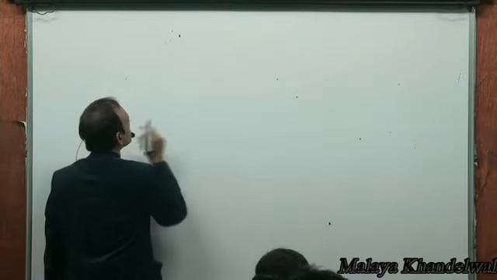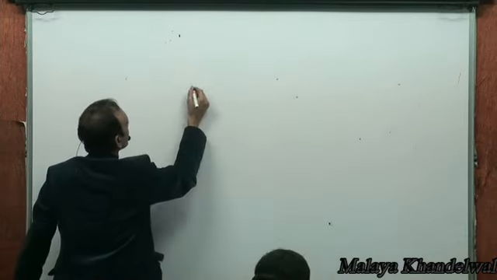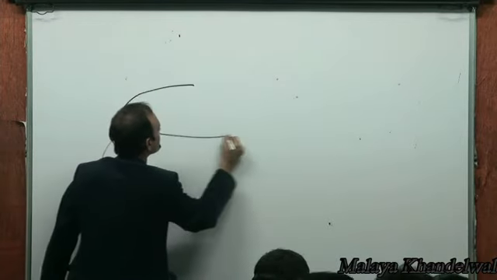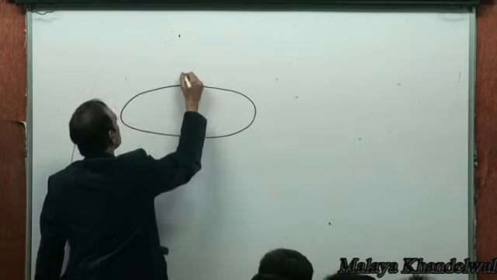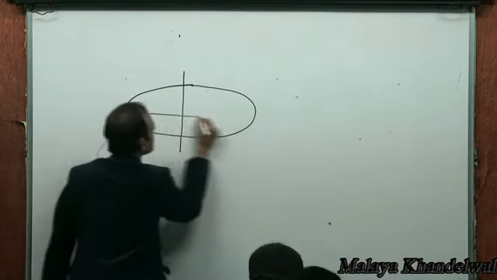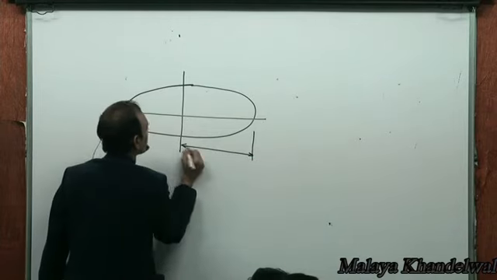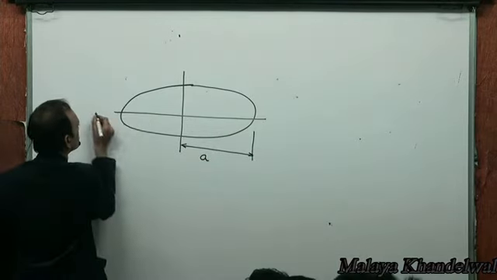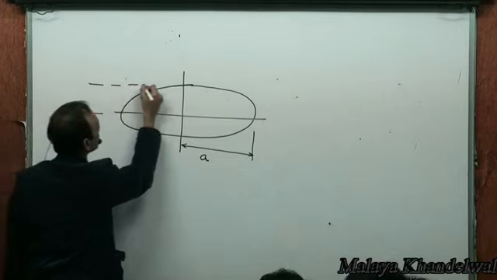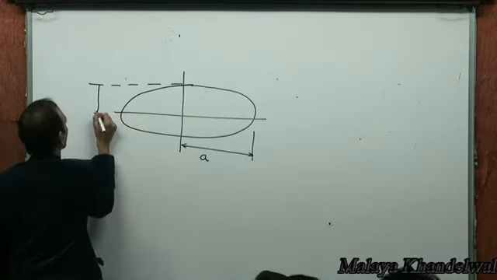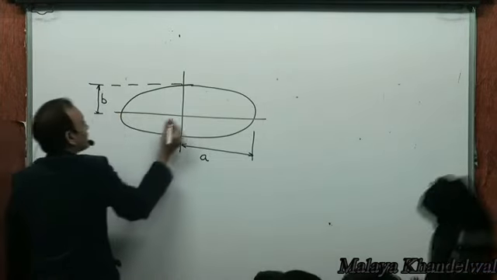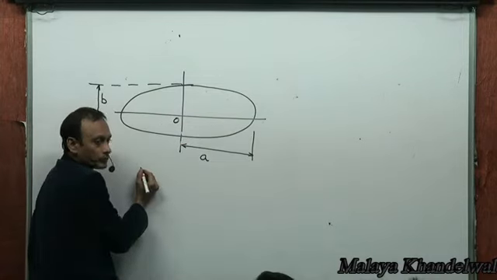See, if this is an ellipse with semi-major axis A, semi-minor axis B, center 0, 0.